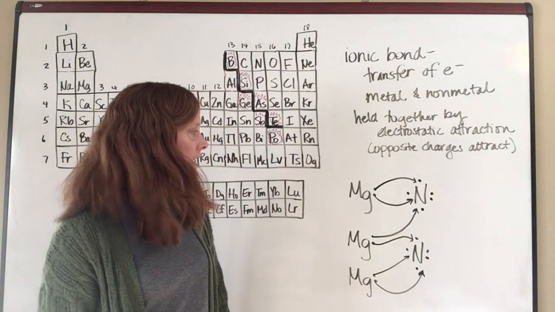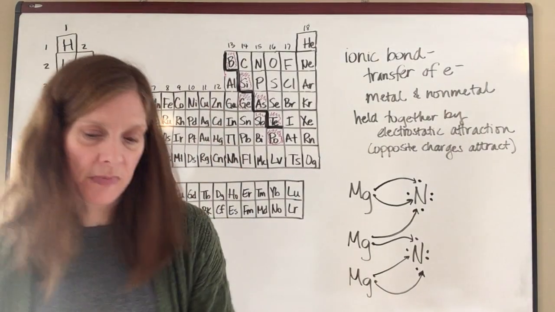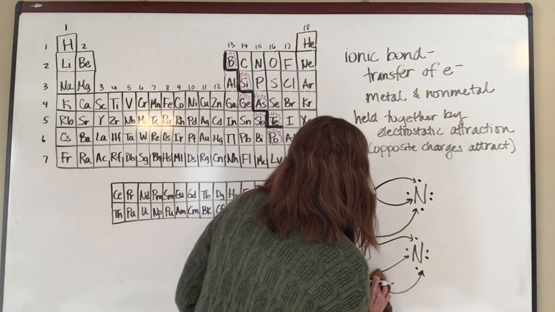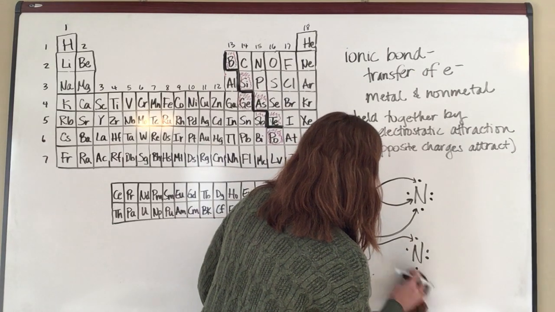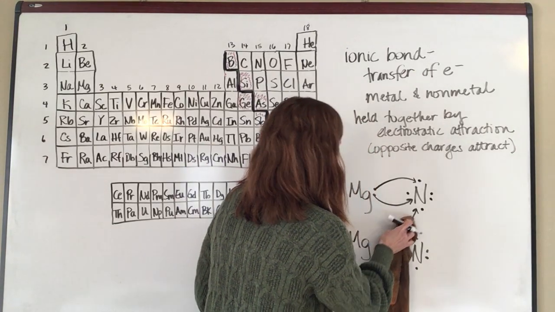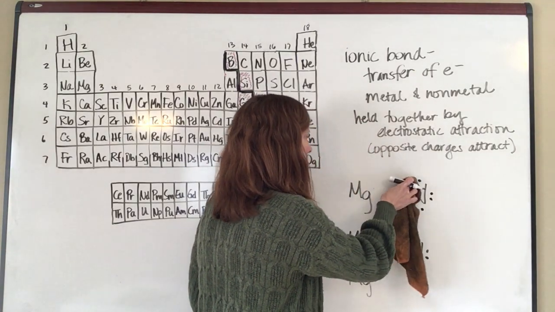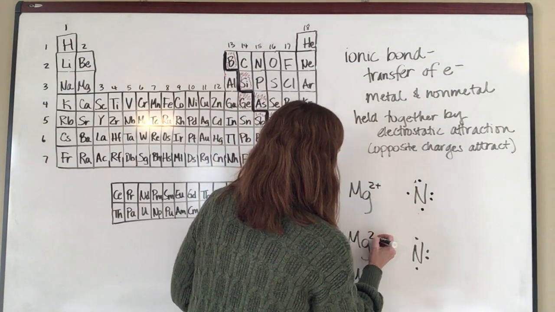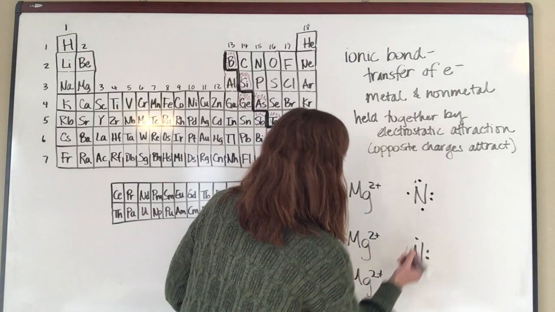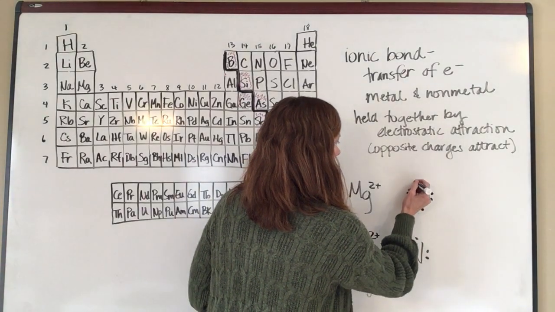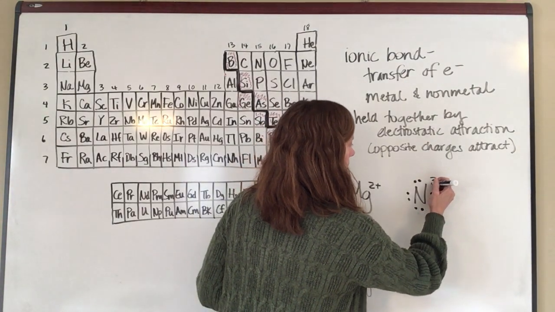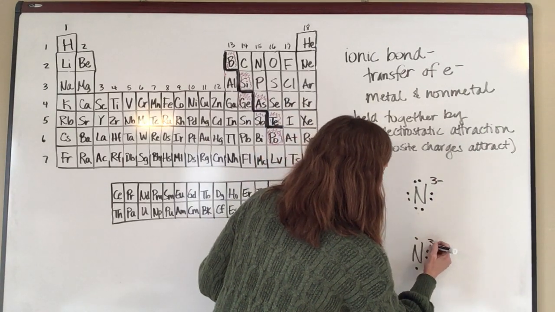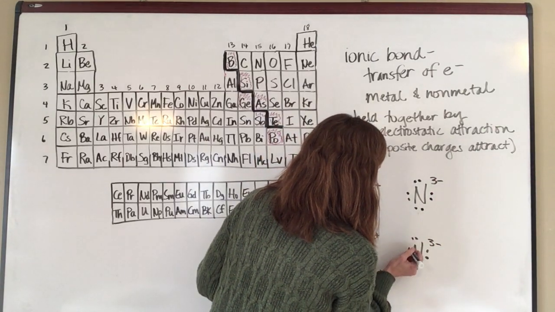And so what's happened now is that my magnesiums have all gotten rid of their electrons. I'll get rid of these arrows here. So all of the magnesiums have a +2 charge because they all had 2 to get rid of. The nitrogens all gained 3, so they have a -3 charge on them.